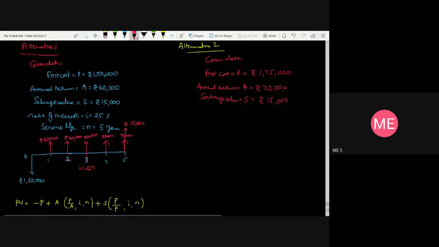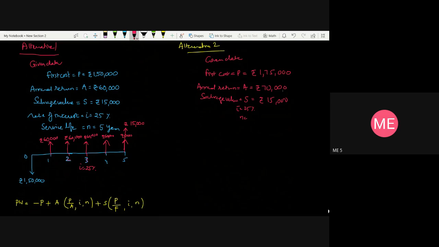Right. Now, based on this, of course, I is equal to 25% and N is equal to 5 years.